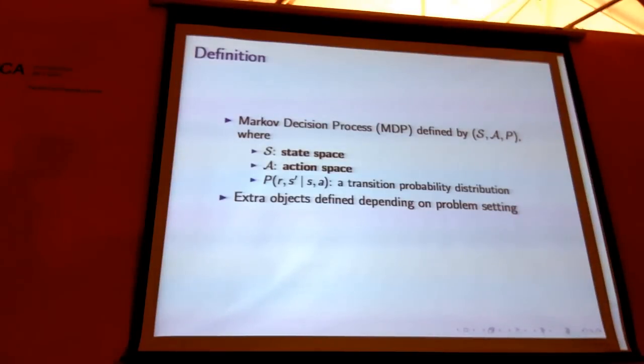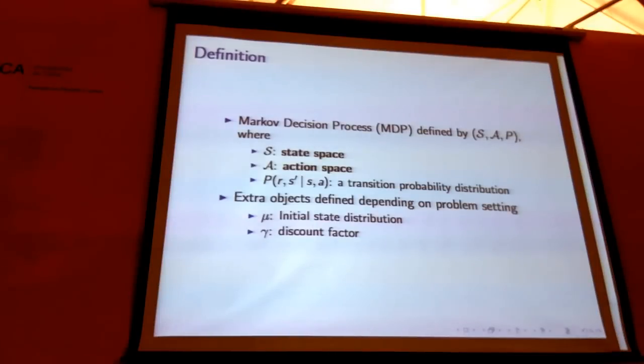Okay, and depending on the problem setting, you might also have to define some other objects, which are sometimes considered part of the MDP. One extra object that you sometimes need to define is the initial state distribution. And another thing that people sometimes define is this gamma, the discount factor.